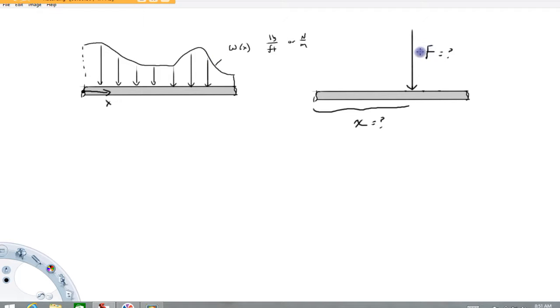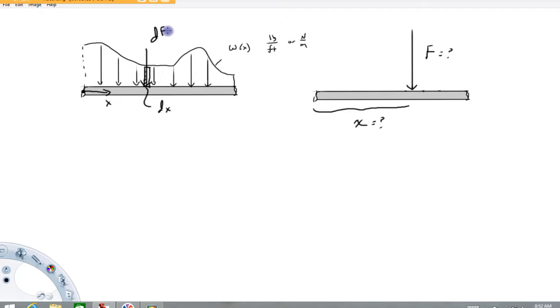Finding the net force on this beam is done by breaking the beam into segments of width perhaps dx. There's a force associated with each rectangle, and that force points down and would be a dF.